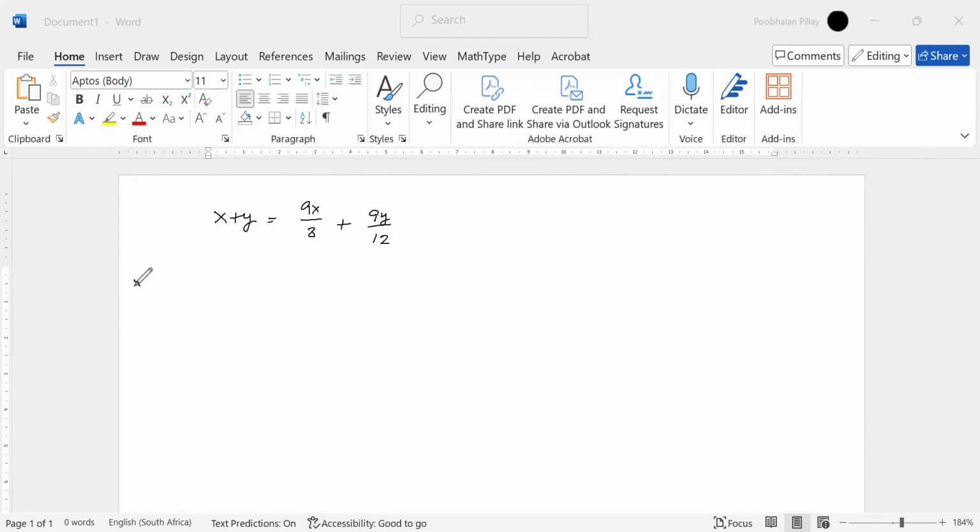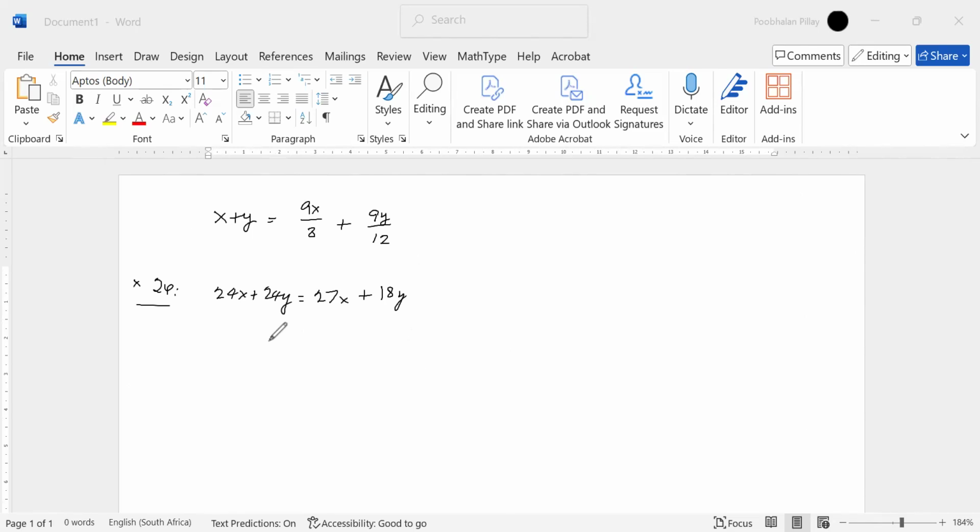You can multiply by the LCM, which is 24. So multiply both sides by 24. Get 24x plus 24y is equal to, if you multiply this by 24, 27x plus 18y. I don't like fractions. Whenever I have an equation involving fractions, I multiply by the common denominator, so you get rid of the fractions. You flatten, what I call flatten, the expression.